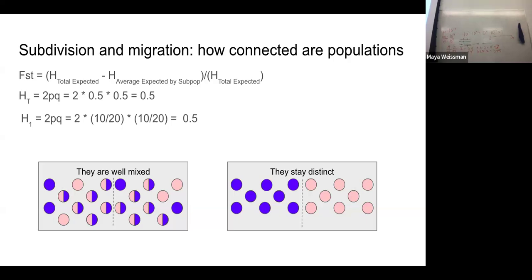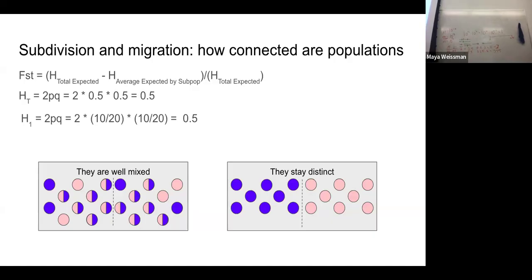Now, what is the heterozygosity of this individual population? What is our expected heterozygosity of this population, if we were to ignore this side? It would be 0. And this one also 0. Now, what is our heterozygosity here? 0.5.